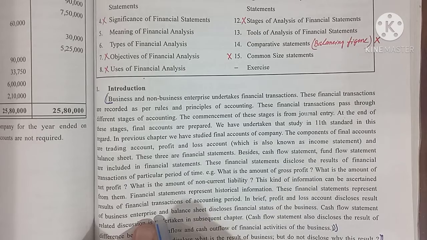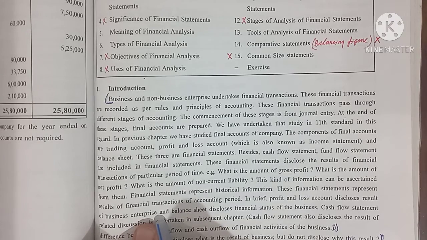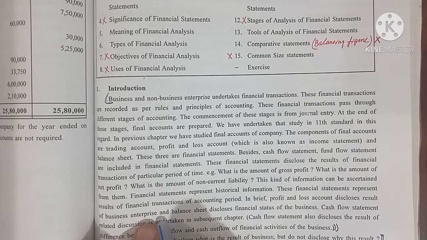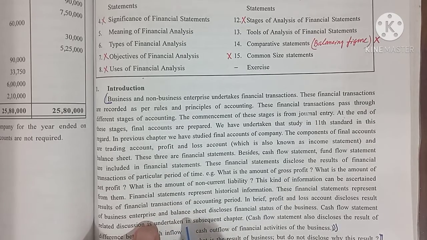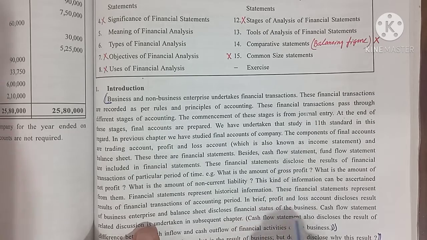The amount is told, but nowhere in the profit and loss account and trading account is it said why there is more gross profit or less, or more loss, or net profit or net loss. Why you got that, the profit and loss account does not say. The balance sheet discloses the financial status of the business.